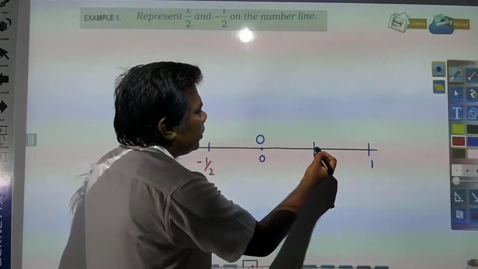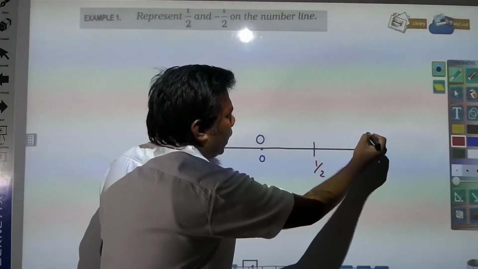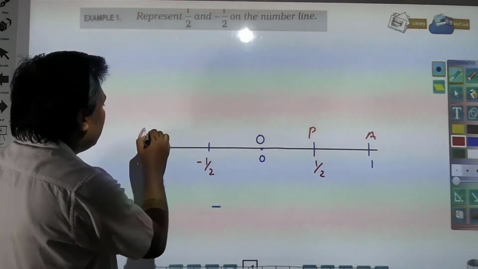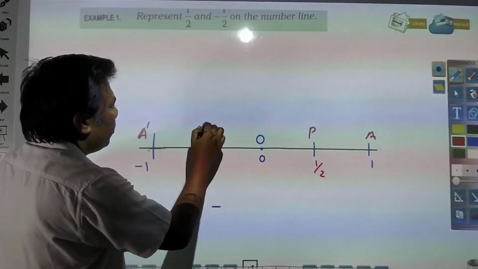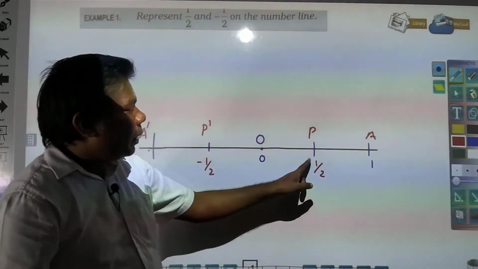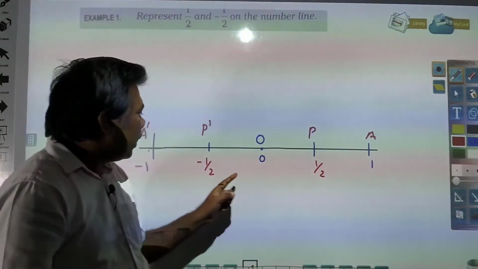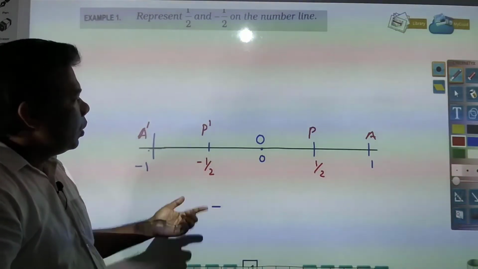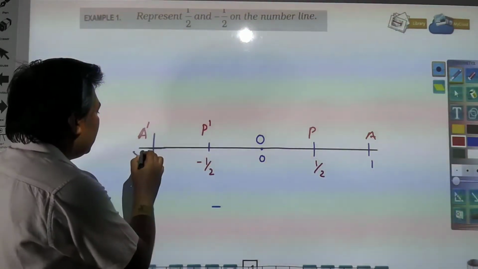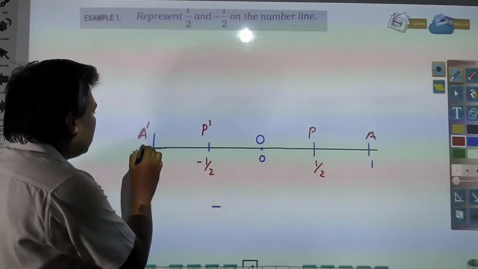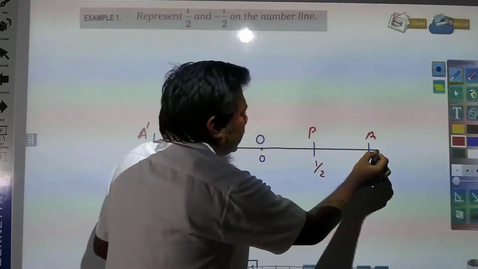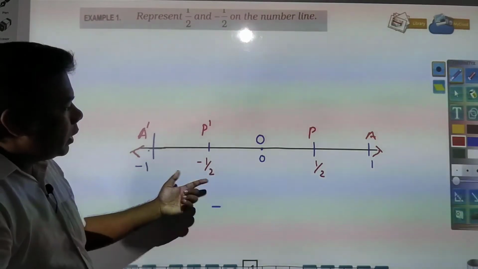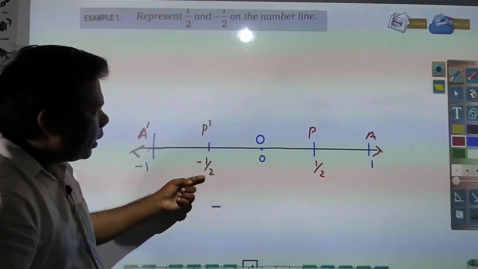Give any name. Suppose you have given OA, this will be P and this will be A dash and P dash. So point P will represent 1/2 and point P dash will represent minus 1/2. So in this way, on the number line we have represented 1/2 and minus 1/2.